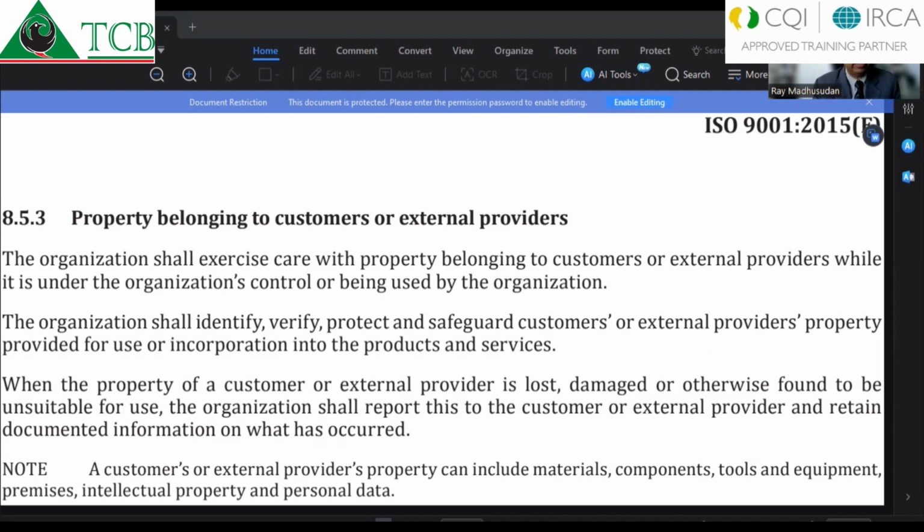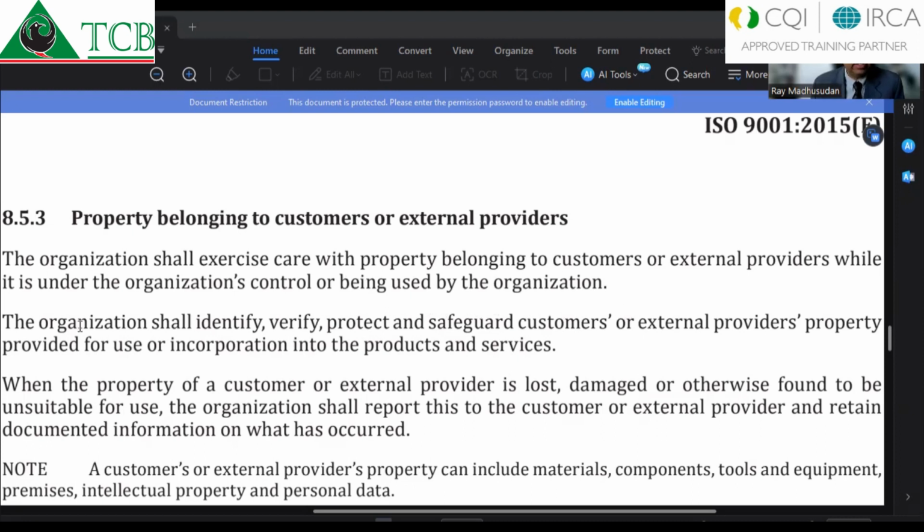The standard requires: the organization shall exercise care with property belonging to customers or external providers while it is under the organization's control or being used by the organization. Quite plain and simple, nothing to explain.